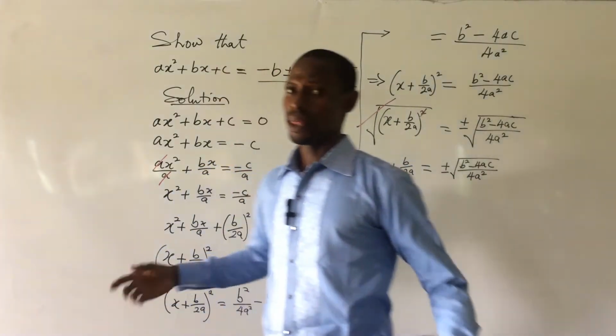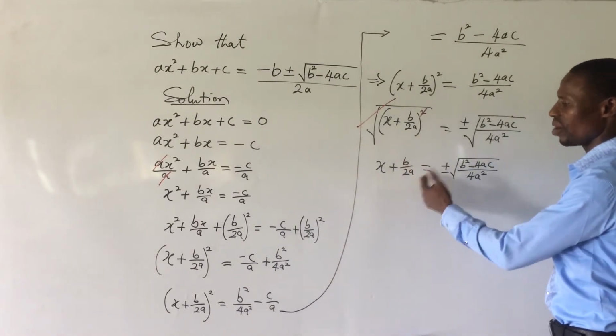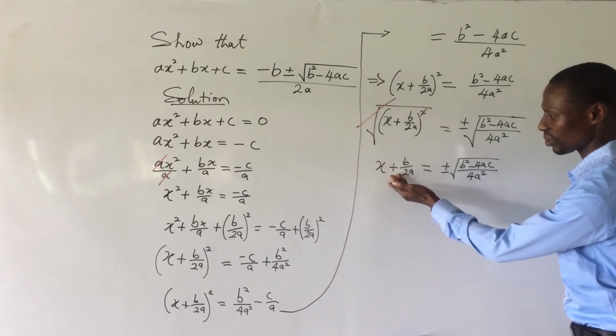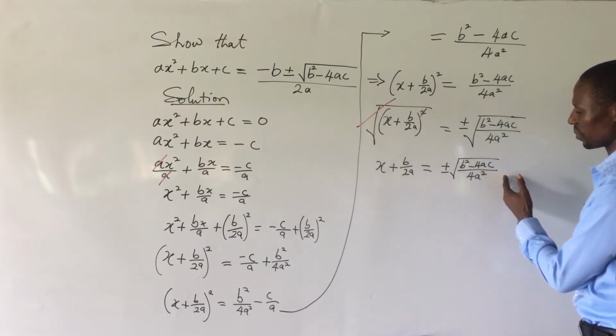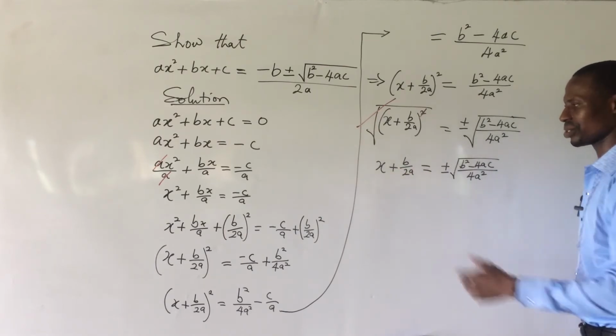Any confusion? No. Now, we have b all over 2a on the left-hand side. So we move it alongside the plus to this other side of the equation. And mind you, once this plus crosses the sign of equality, it turns to minus.